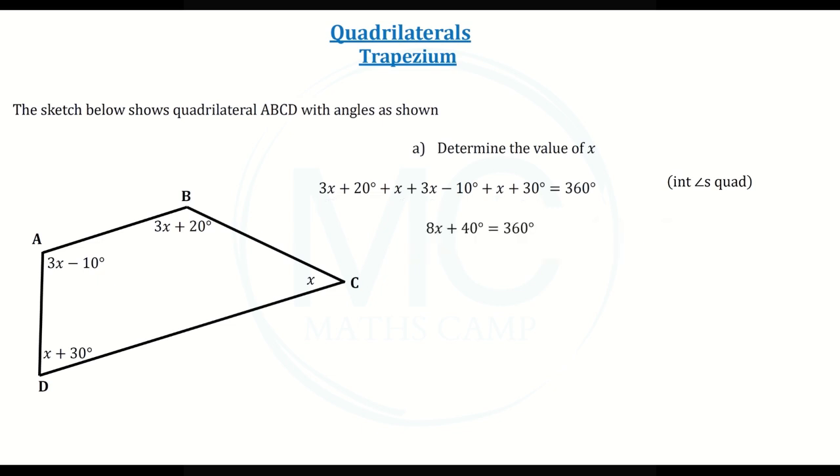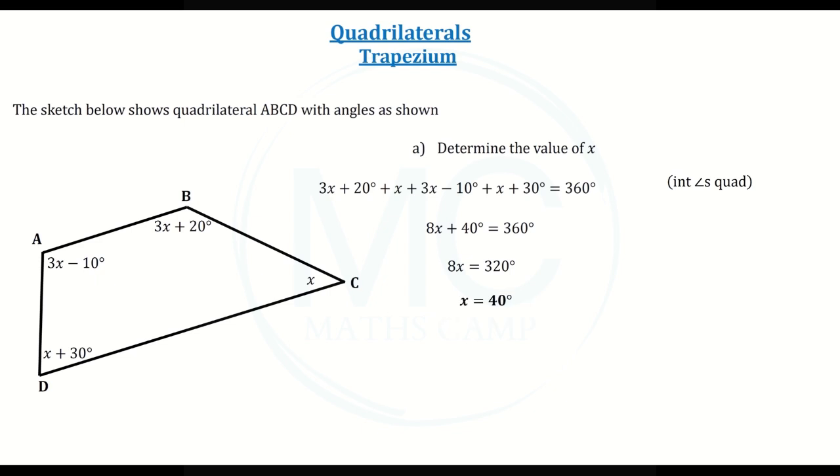Now we need to get 8x by itself. So we can say 8x is equal to, let's move 40 to the right, 360 degrees minus 40 gives us 320 degrees. Now to get x by itself, let's divide both sides by 8. 8x divided by 8 is x. We make this equal to 320 divided by 8 gives us 40 degrees.